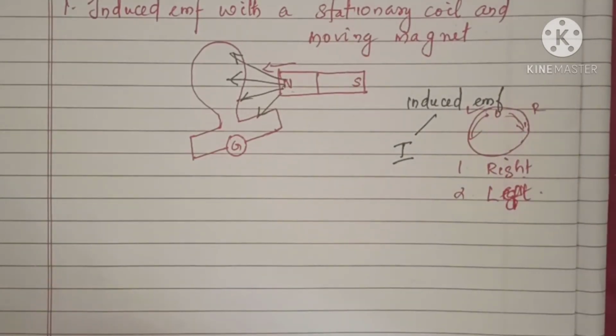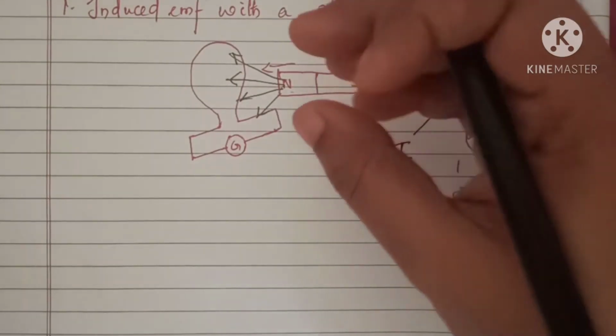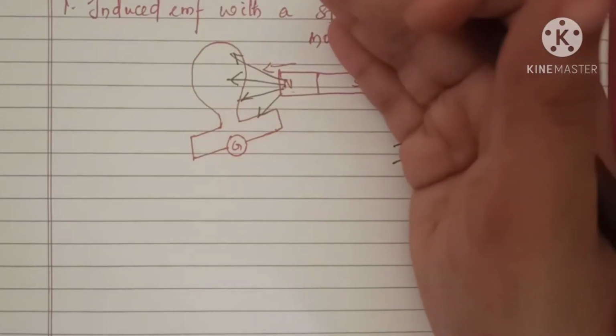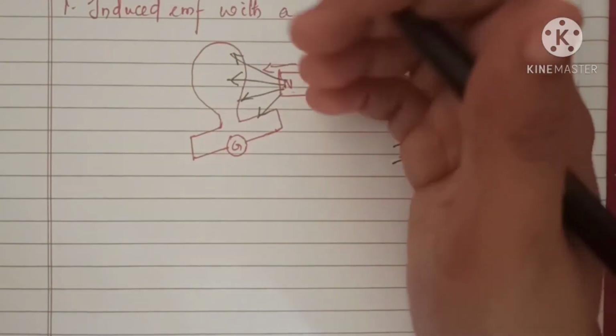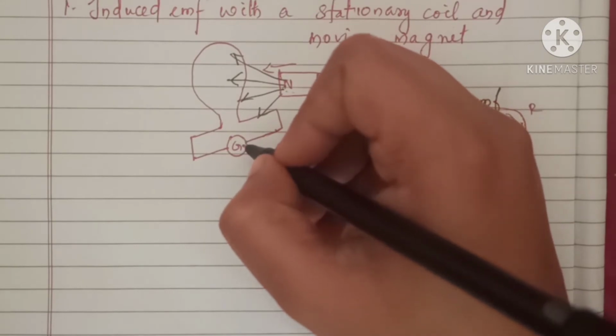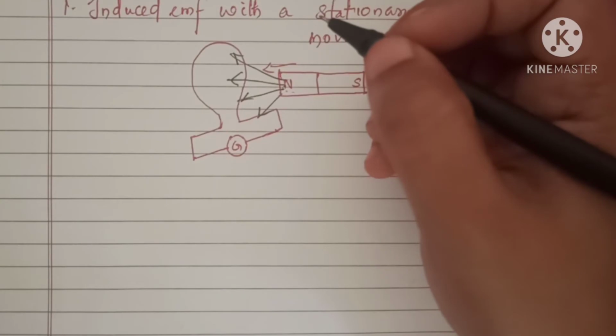As the magnet is moved away from the coil, again the magnetic flux linked with the coil decreases. That means there is a change in the magnetic flux. So again an induced EMF and an induced current is set up in the coil in the opposite direction.